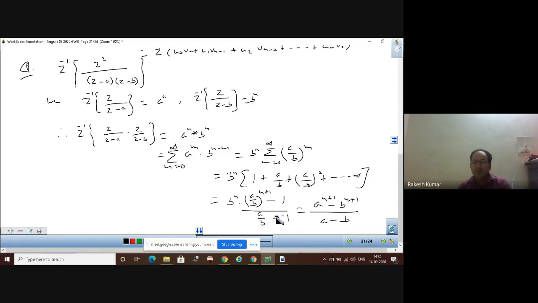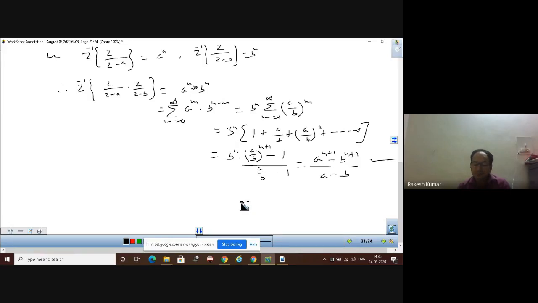One b will be cancelled here from the denominator. So this is the inverse Z transform of this function by using GP series and with the help of convolution. This is the application part of the convolution theorem.